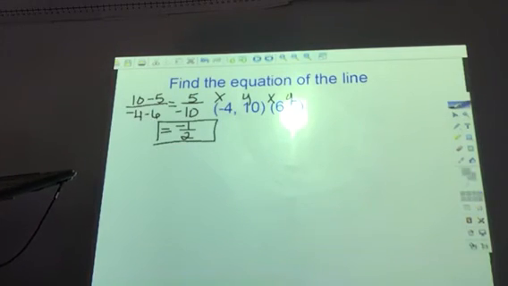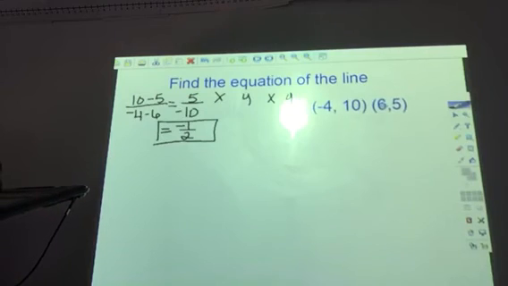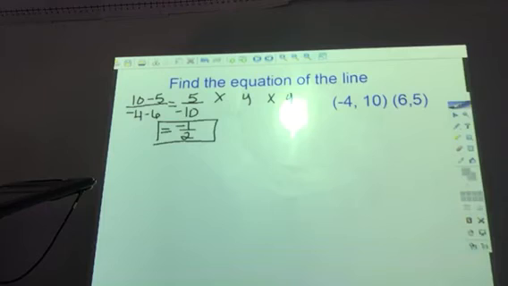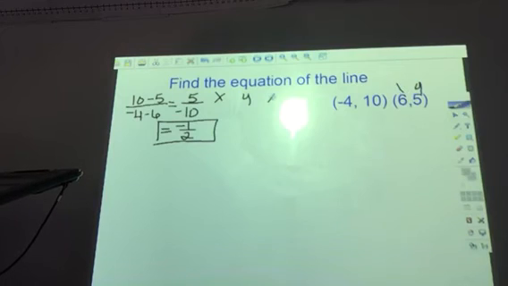Okay, so now I'm going to move these points over here so that you'll be able to see them. Okay, again, this is my y, my x, and my other x.